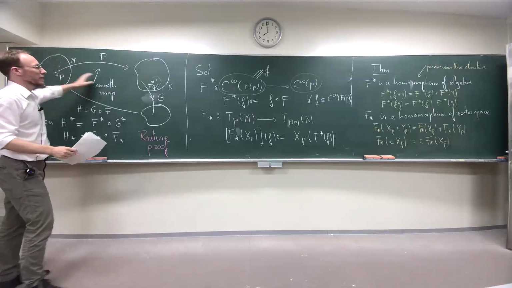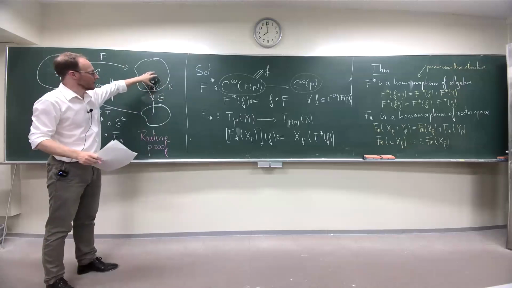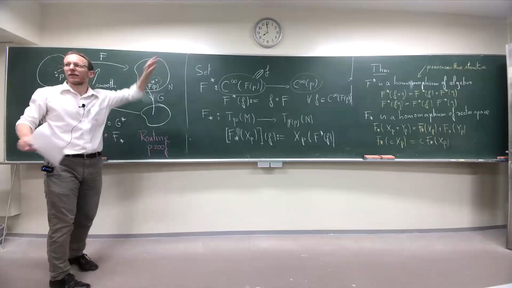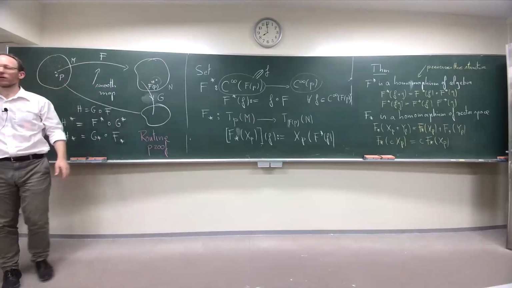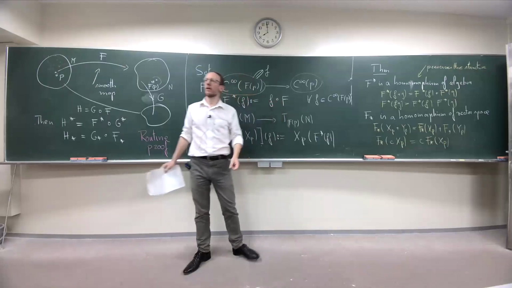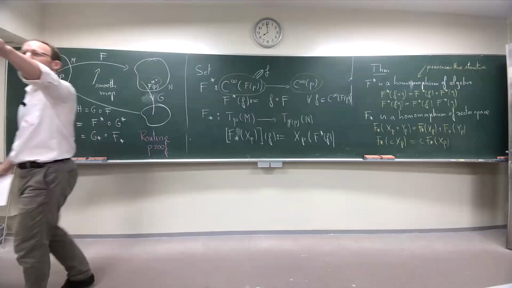Small f is a function defined here. So you first apply this and then this function f. So this is correct. You always start, you apply first this one and then this one. Always.